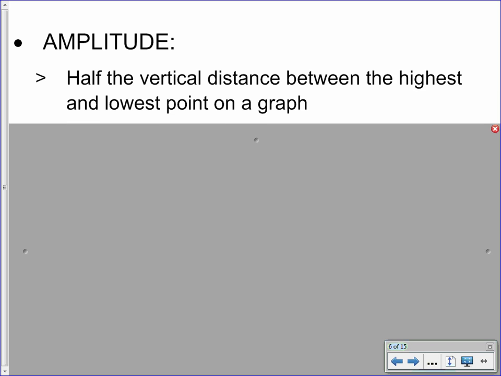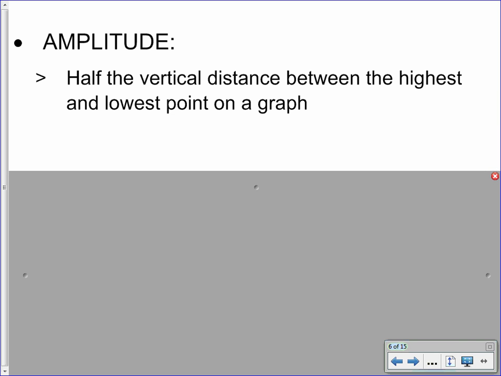So the amplitude is half of the vertical distance between the highest and lowest points of our wave.